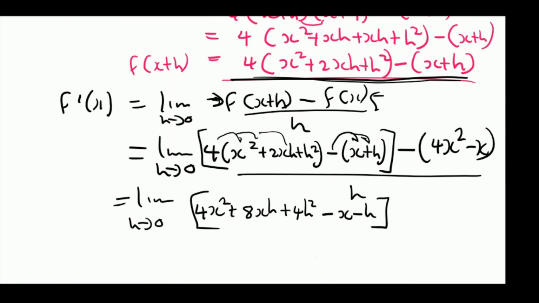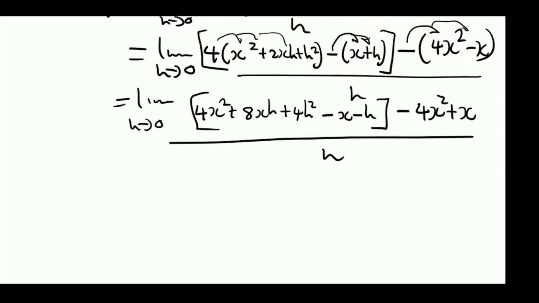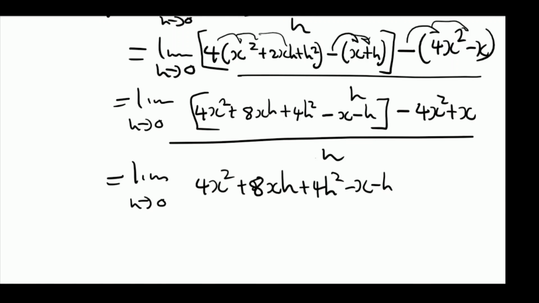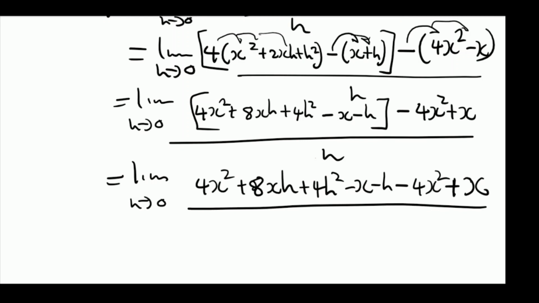So it's going to be minus 4x squared plus x divided by h, right? So we're going to have the limit as h approaches 0 of 4x squared plus 8xh plus 4h squared minus x minus h, and then minus 4x squared plus x, so it's plus x there, divided by h.